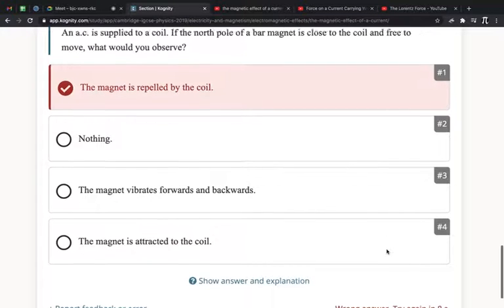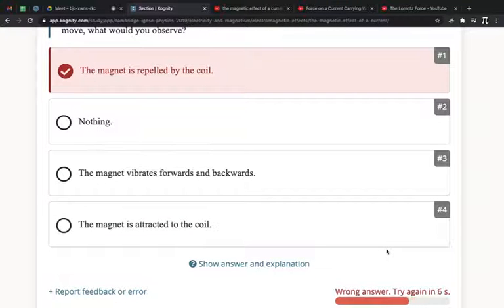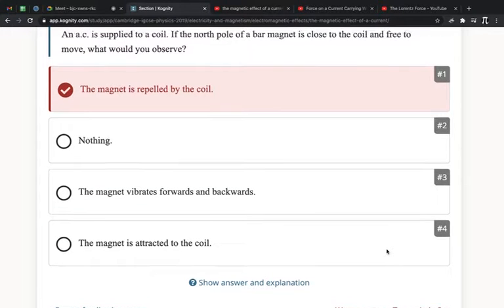No. We have 3 more options. Remember, AC does not give you a constant magnetic field. It gives a changing magnetic field, like pushes and pulls, pushes and pulls. That's how an AC supply gives you a magnetic field.